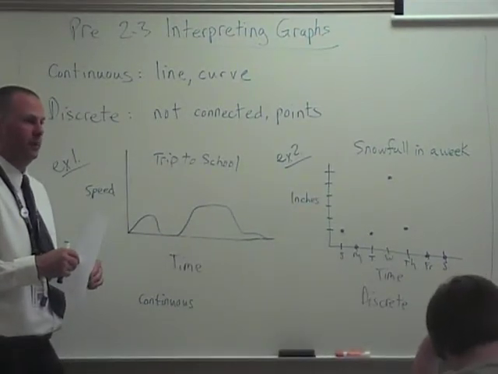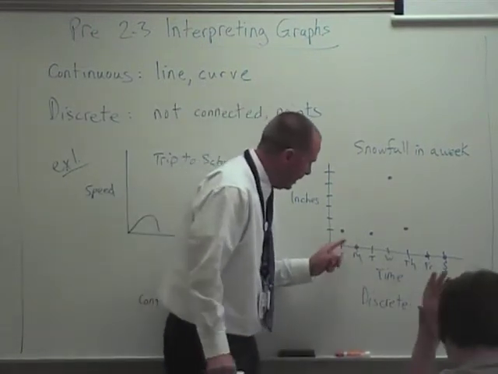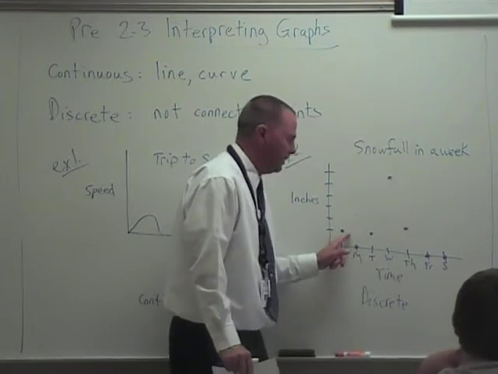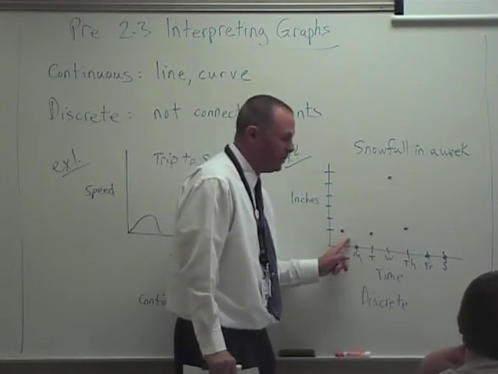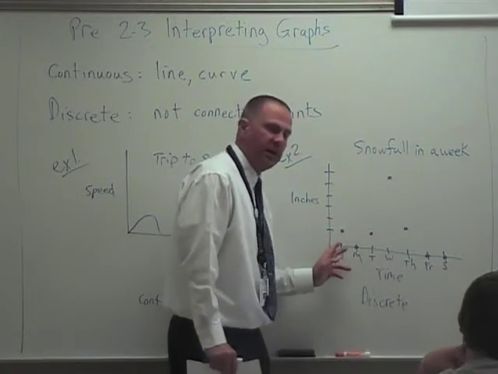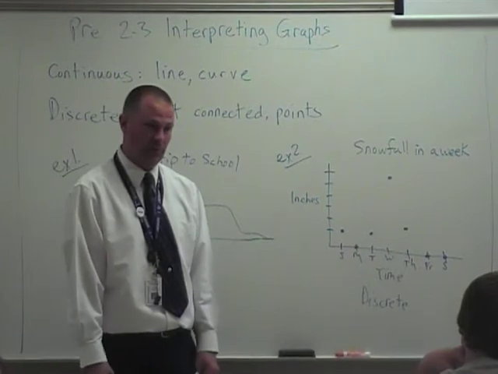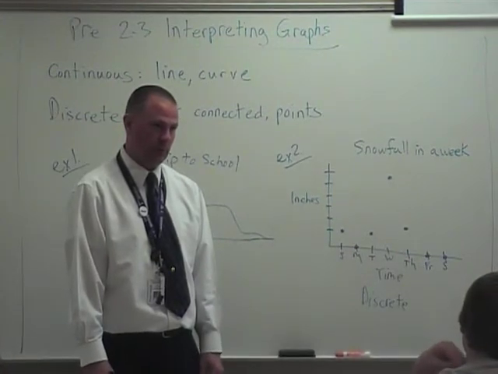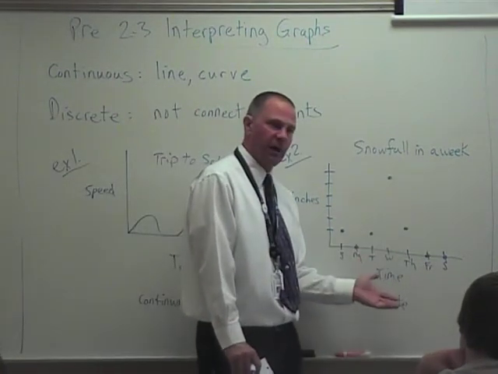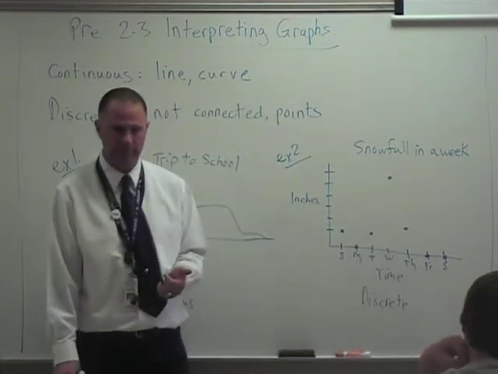Okay, this is not a continuous graph, so you can't say how much snow you were getting at 6 p.m. or 10 p.m. All you know is that sometime Sunday in that 24-hour period, altogether you got 1 inch of snow. Okay, so this is called a discrete graph. You cannot interpret what happens in between points.